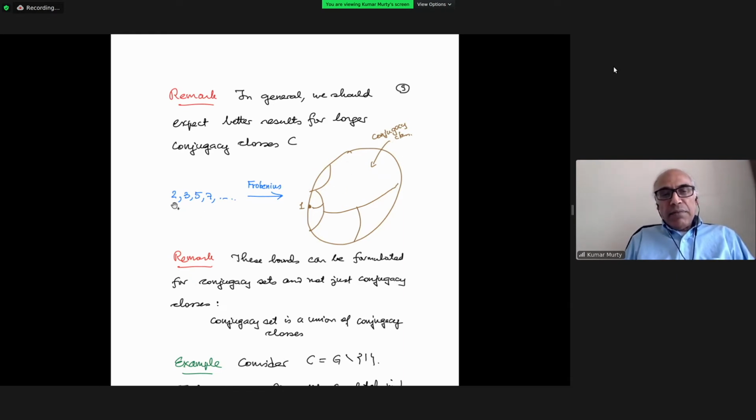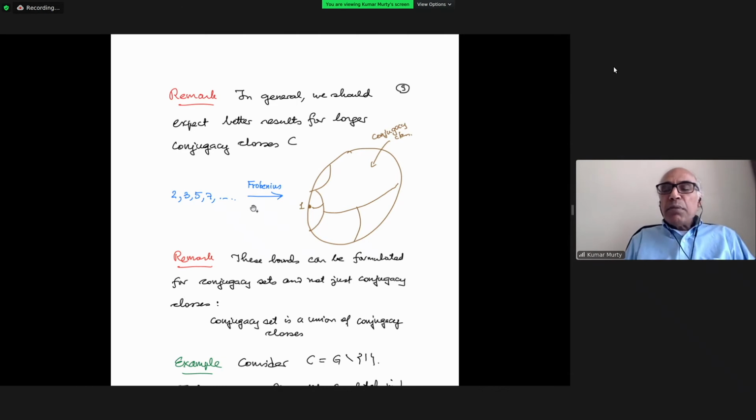Now, I'm taking primes, and if you think of this like a dartboard, I'm throwing each prime at this dartboard. Then it should make sense that the probability of my hitting a big region should be higher than my probability of hitting a small region, right? And indeed, that's borne out by the Chebotarev density theorem, that the number of primes depends on the size of the conjugacy class as a fraction of the total group. That's true.